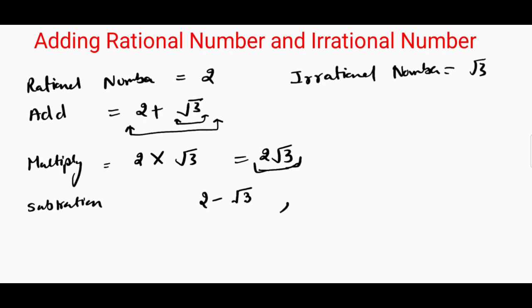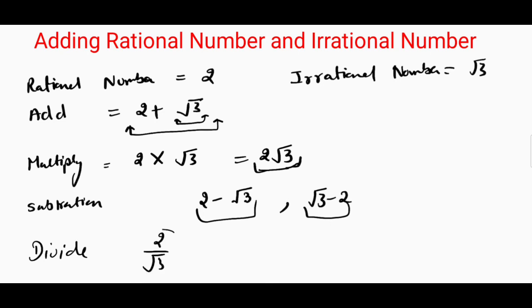Or else I can do it like this also. If I subtract a rational number from an irrational number, square root of 3 minus 2, both are irrational numbers. Similarly, if I divide a rational number by an irrational number, 2 divided by square root of 3, this is also an irrational number.